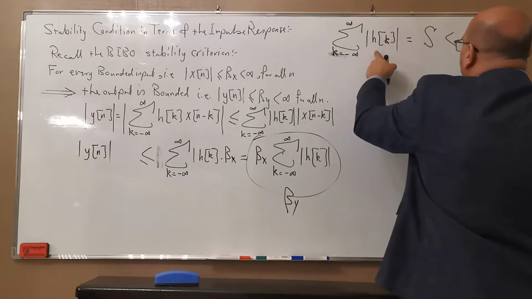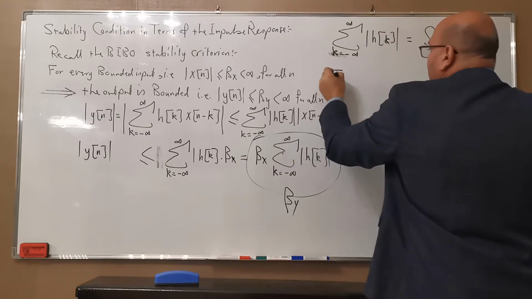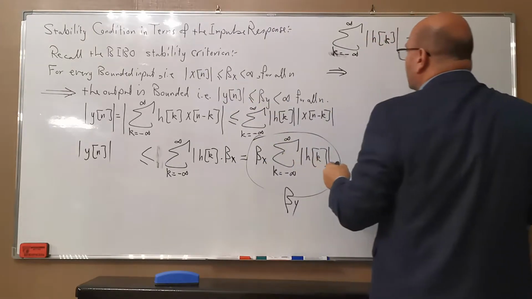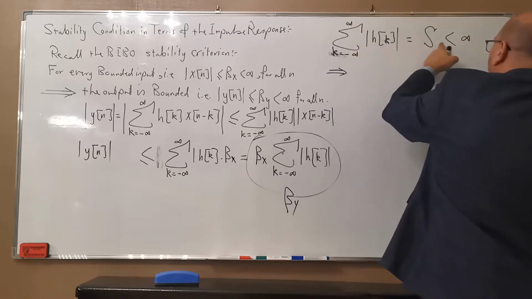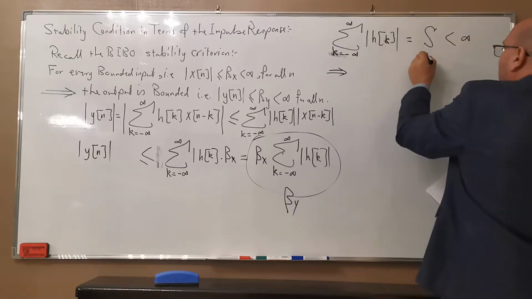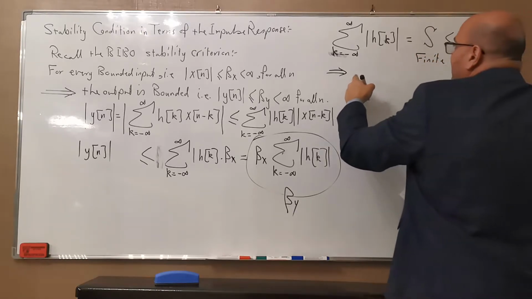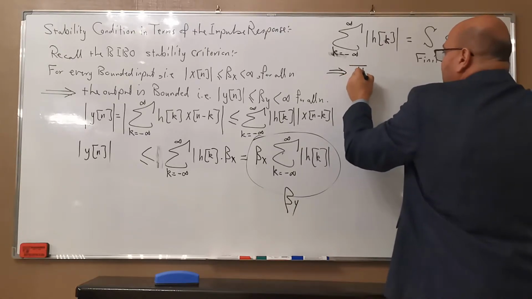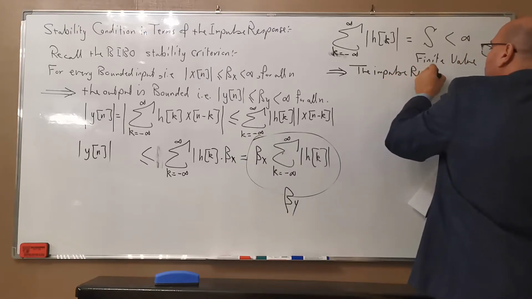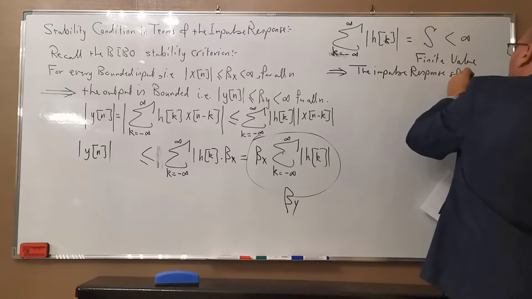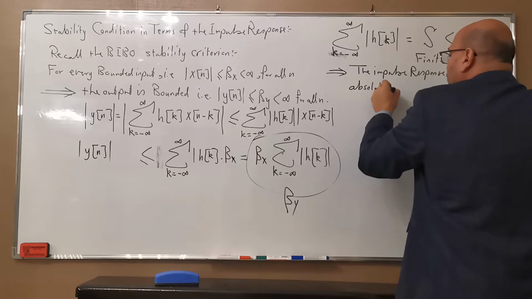So if this summation is less than infinity, then it is absolutely summable, which means a finite value. This means that the impulse response should be absolutely summable.